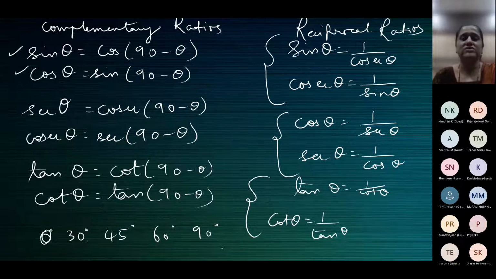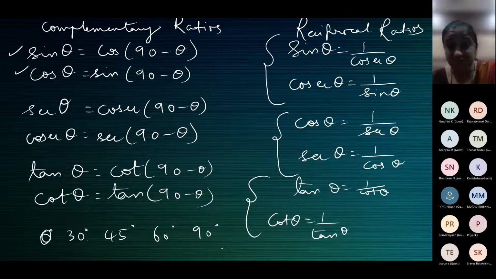But here we restrict our discussion to acute angles only. In standard 10, we restrict discussion of trigonometric ratios to only acute angles. We have T ratios for angles beyond 360 also.